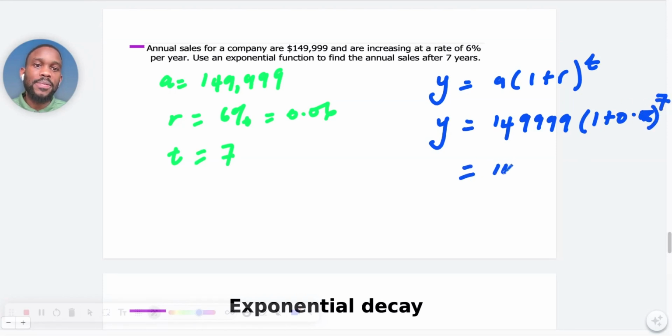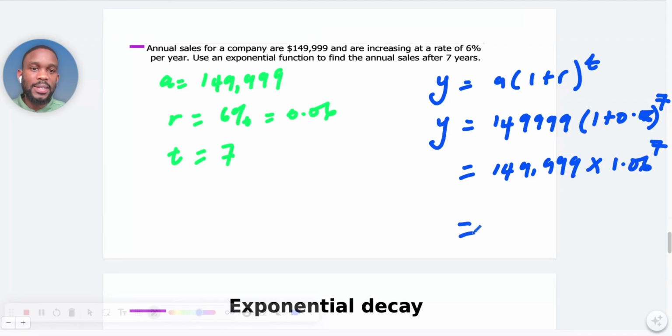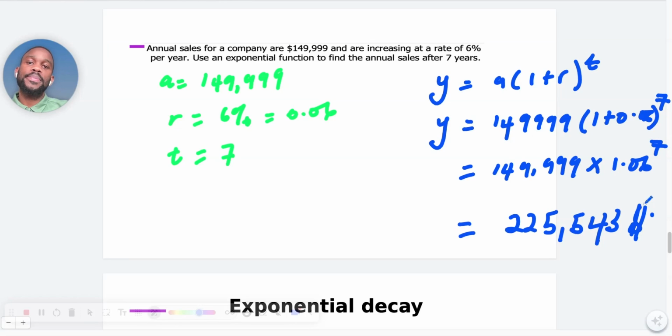So this is the same as 149,999 times 1.06 to the power 7. So get your calculator. After 7 years, the annual salary will be $225,543. So that's going to be the annual salary after 7 years if we use that exponential growth.